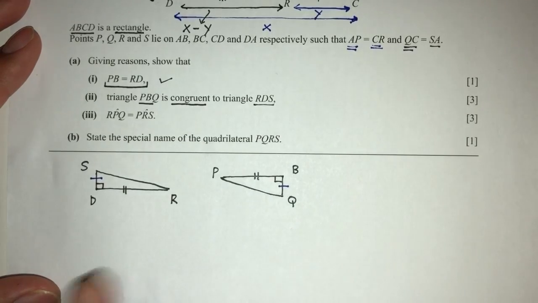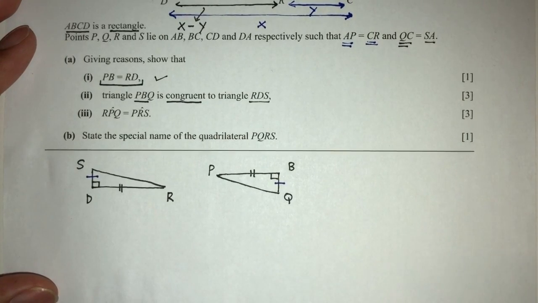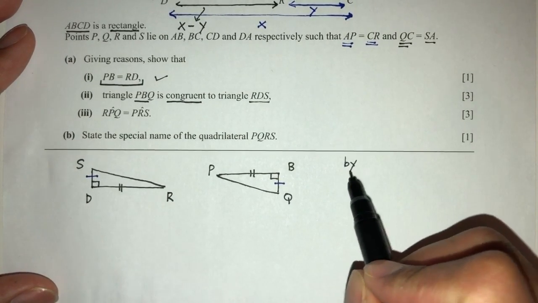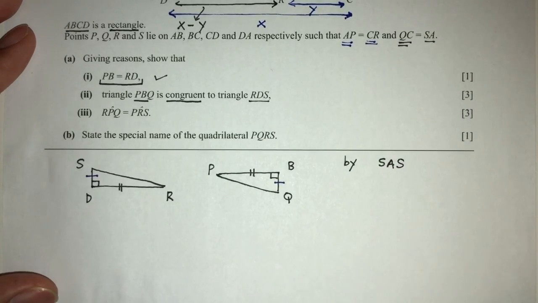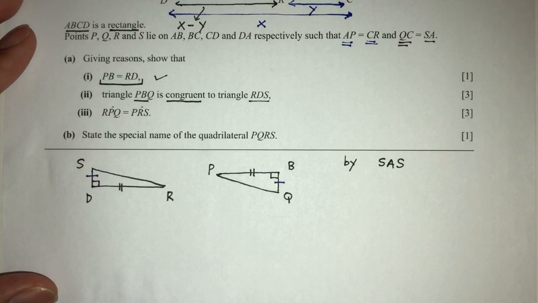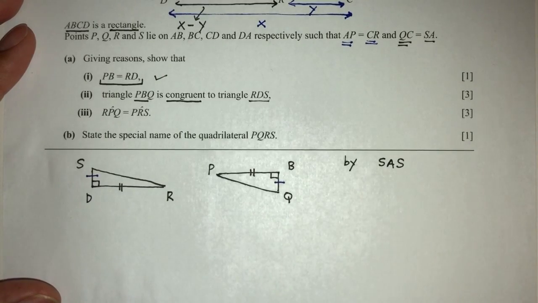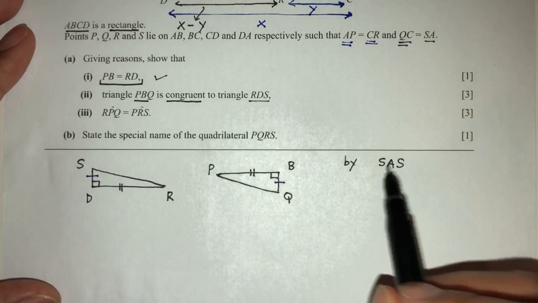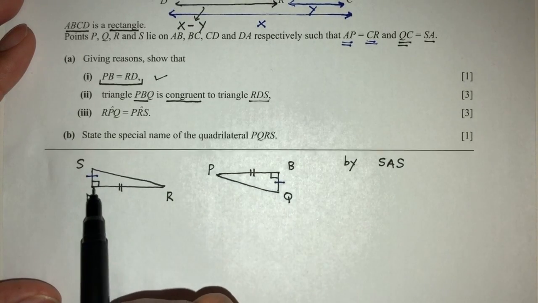Right. Now if you observe these two triangles, we can prove that they are congruent by which method? So by SAS. It means side, angle, side, by showing that these two triangles are congruent. So what does that mean? S is a side, so the side here and the corresponding side here are the same, right?